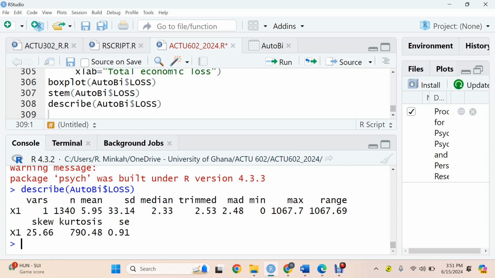The median is 2.33. Who can explain to us why the median is smaller than the mean? Yes, the median is 2.33 thousand. The mean is 5.95 thousand. Who can explain to us why this is so?